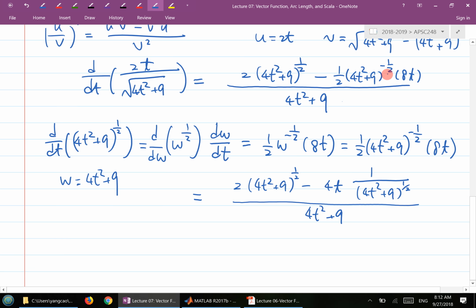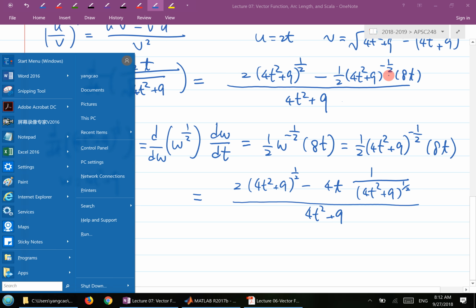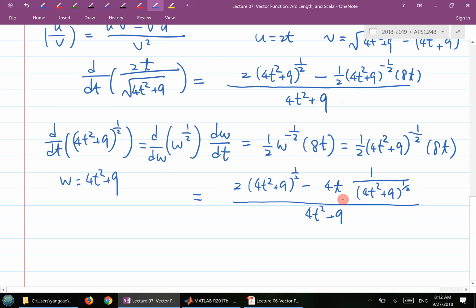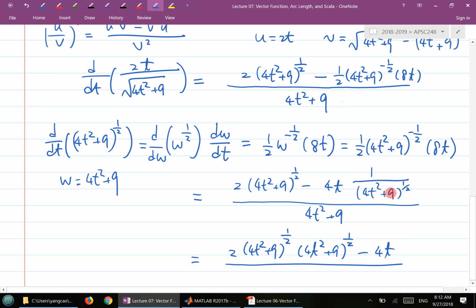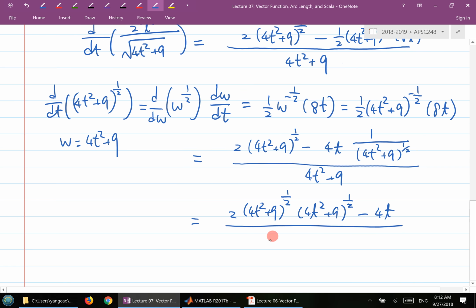So that negative 1 over 2 becomes this. Then you simplify the fraction now. So 2 times 4t squared plus 9 to the 1 over 2 times this, and minus 4t. And at the same time, the denominator also times that 4t squared plus 9 to the 1 over 2.